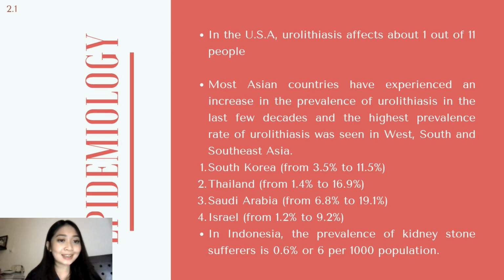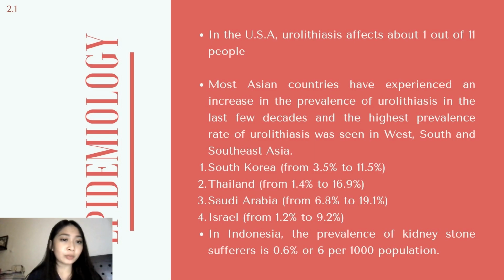Another study said that most Asian countries have experienced an increase in the prevalence of urolithiasis in the last few decades, and the highest prevalence rate was seen in the West, South, and Southeast Asia. Here are some examples of Asian countries and their data, where South Korea went from 3.5% to 11.5%.